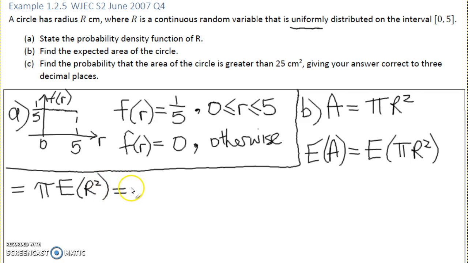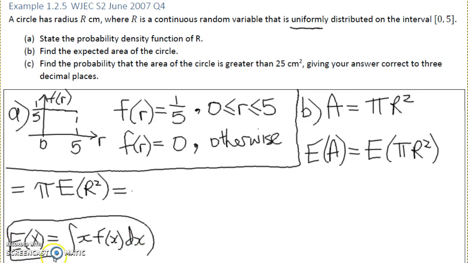Now at this point I can use the general formula that the expected value of a random variable is the integral of x times f of x dx. So I'm going to use this for r squared. So it's pi times the integral of r squared, we should use lowercase letters, times f of r.